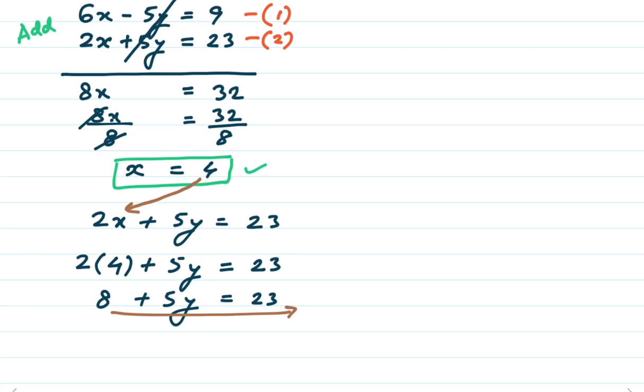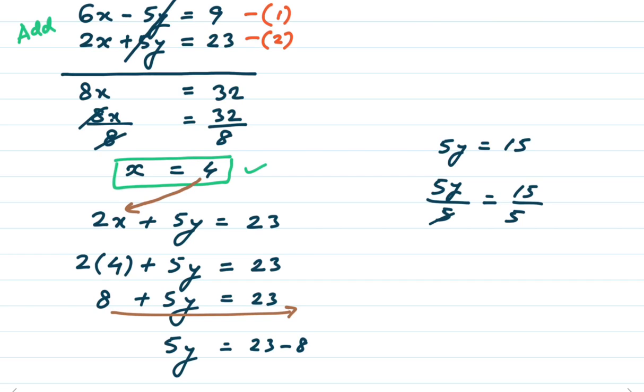You have now 5y equal to 23 minus 8, which is 15. So you have 5y equal to 15. That gives you y as 3.